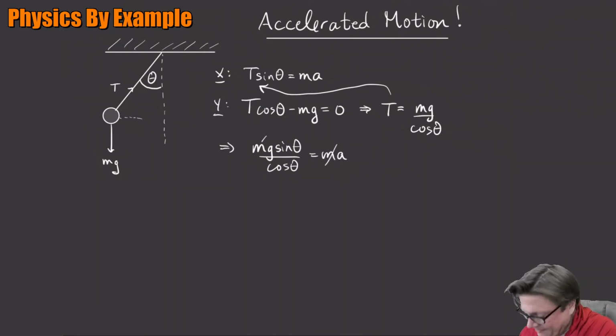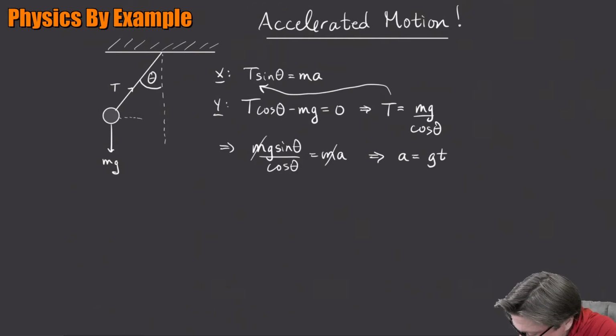Now the nice thing is it follows the usual pattern where the masses cancel. So you can use this thing as an accelerometer. It doesn't matter what's at the end of it. It doesn't matter if it's a heavy thing or a light thing. The mass cancels. So what this means is that the acceleration is just g tangent theta. Very cool.